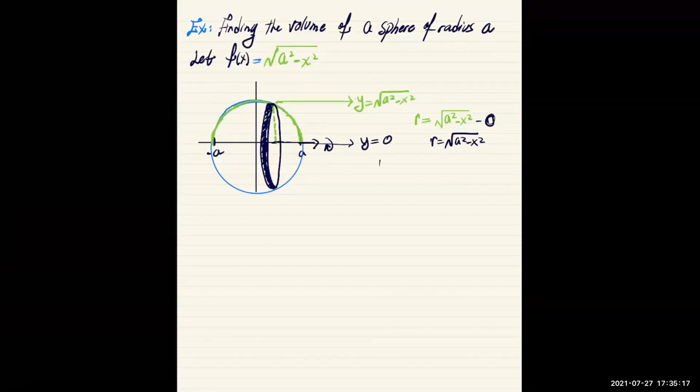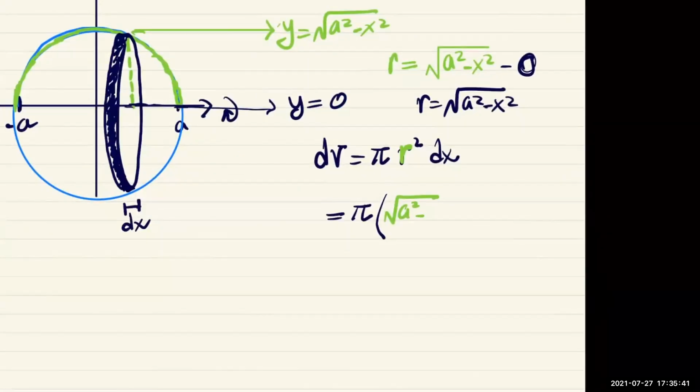Again, dv here is pi times radius squared times the thickness of the cylinder, dx. Plug it all in. Pi, r is the square root of a squared minus x squared.